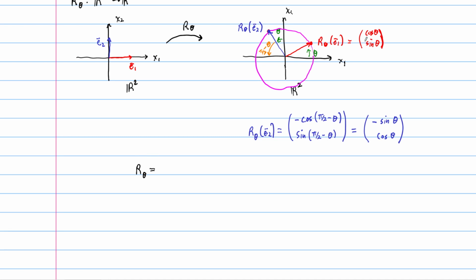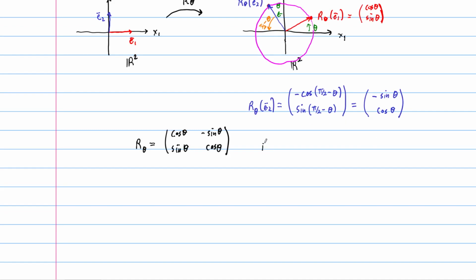The matrix is going to be the first column, cosine theta, sine theta, the second column, minus sine of theta, cosine theta. This is the matrix which, when applied to any vector in R2, will rotate that vector around the origin by an angle of theta. This is the matrix representation of that rotation.